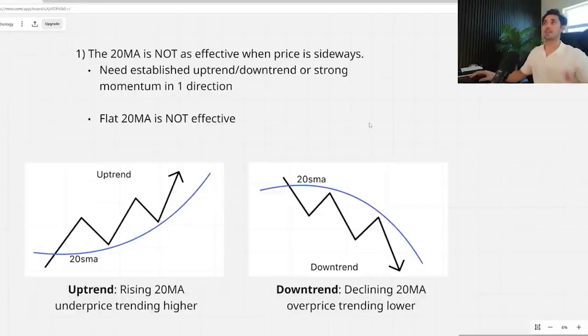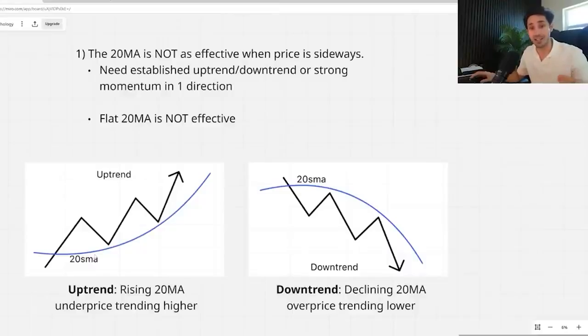All right, so like I said, this is the ultimate trend following tool in existence. And trends, whether that's an uptrend or a downtrend, respect the 20 MA in this fashion, where you have the 20 SMA under price, trending higher. If you've ever been to one of my free classes, you've heard the jingle: under price, trending higher.